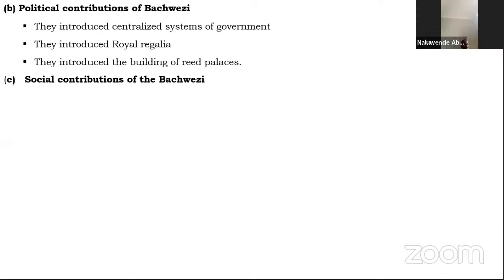Mwesije Diara. Another one, apart from local chess, which was called Omweso. Any other social contribution of the Bachwezi? Yara, we have lost you.